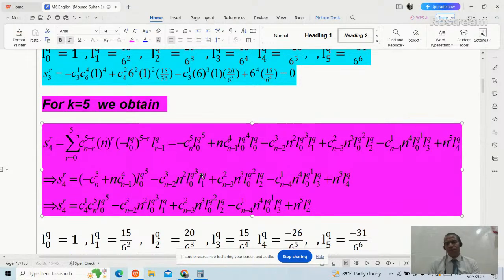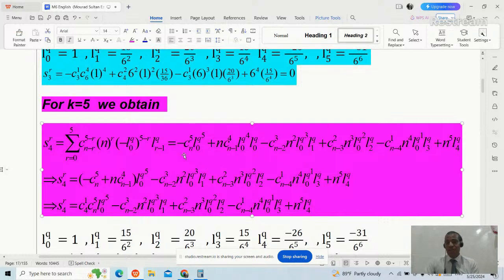Okay, so now learners, when k equals 5, this implies that S4 of order R is 4 times combination n choose 5 and L0 for order q raised to the power 5, minus combination n minus 2 choose 3 n squared and L0 for order q cubed and L1 for the q, plus combination n minus 3 choose 2 n cubed and L0 for the q raised to the power 2 and L2 for the q, minus combination n minus 1 choose 1 and to the power 4 L0 for the q, L3 for the q, plus n raised to the power 5 and L4 for the q.